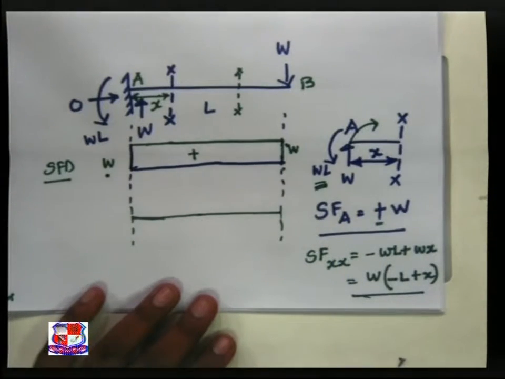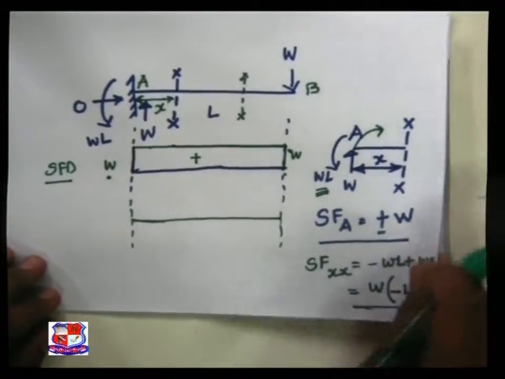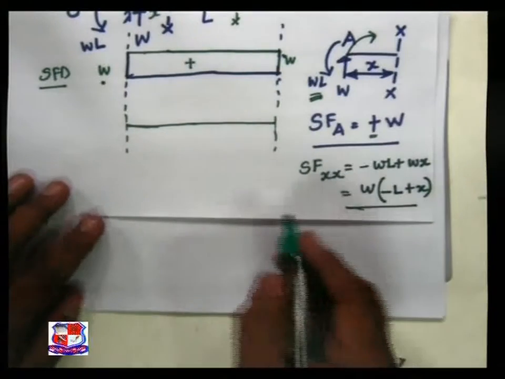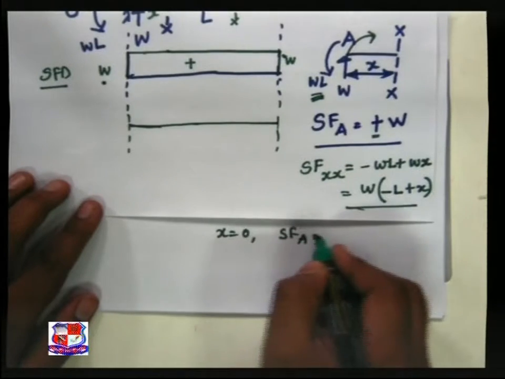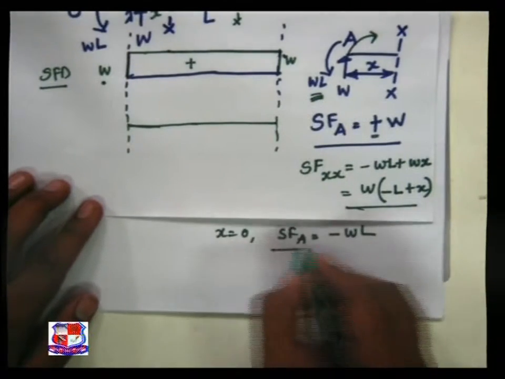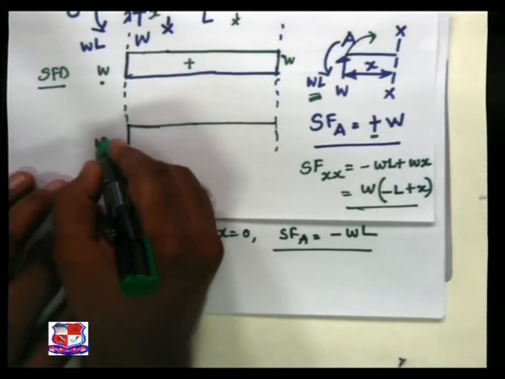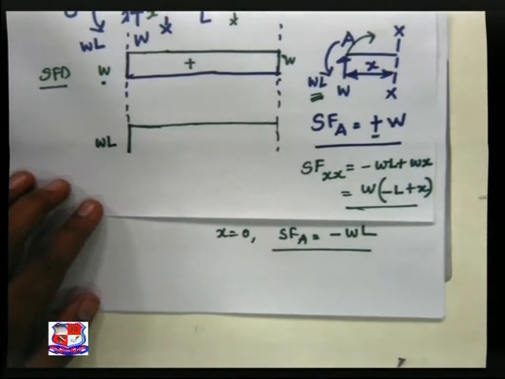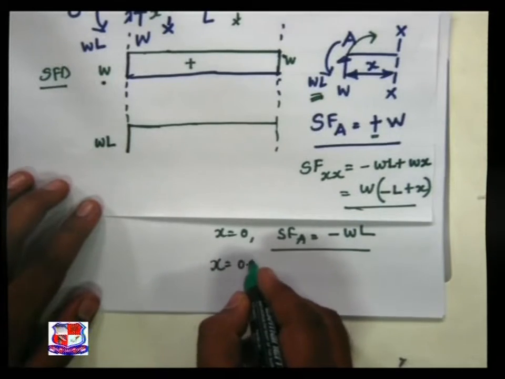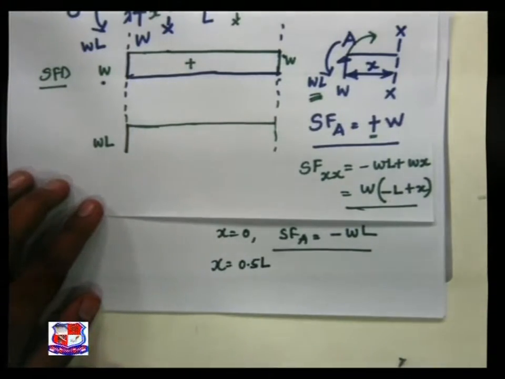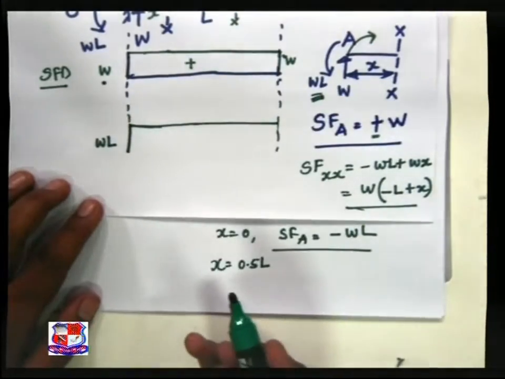variation of term X. So if we put the value X equal to 0, then bending moment at A is equal to minus WL. So at this point it is WL with a minus sign. Now if we take X equal to 0.5L, that is at the center of the beam, what is the variation?